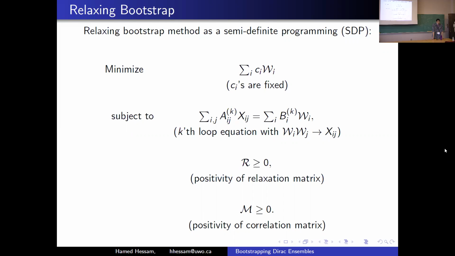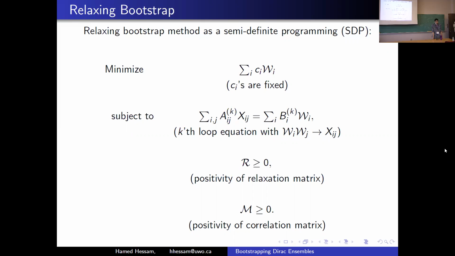They had something called the bootstrap program. But then it was abandoned because Yang-Mills theory was discovered and they were giving up on it. But then it was revived, in conformal field theory in 1994.